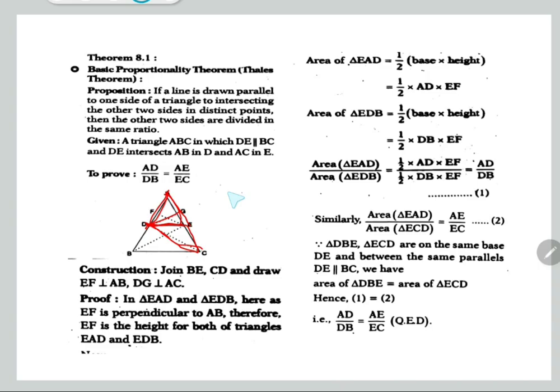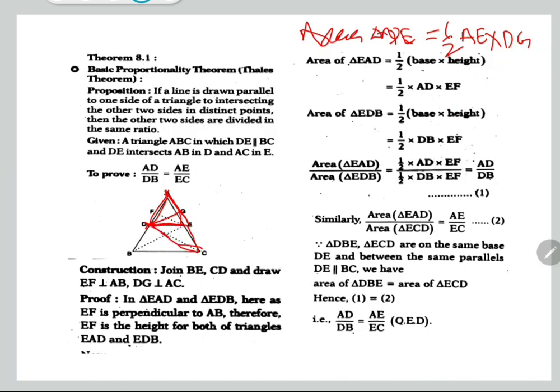From right side, area of ADE, triangle AD is equal to 1/2. What is base? Base is AE and height is DG. You can write height is DG.